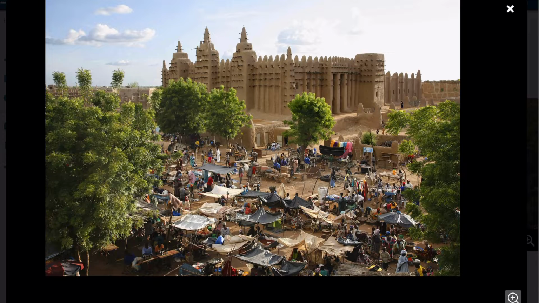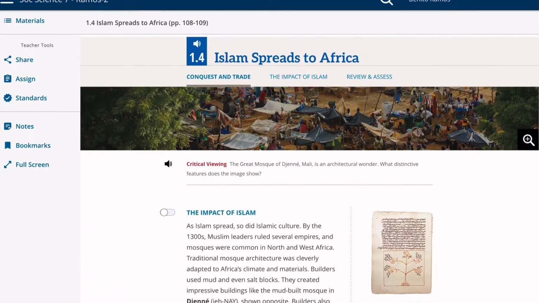And since 1240, a mosque has always stood on the site. The current mosque, completed in 1907, was built entirely of mud. It replaced an earlier mosque that had fallen into disrepair. Each year, the entire community gathers to make repairs and maintain the current structure.